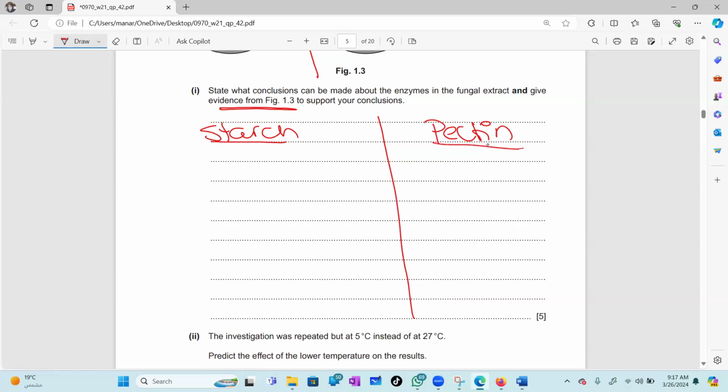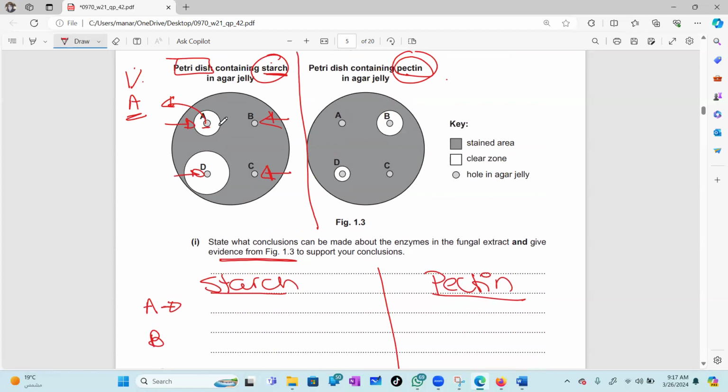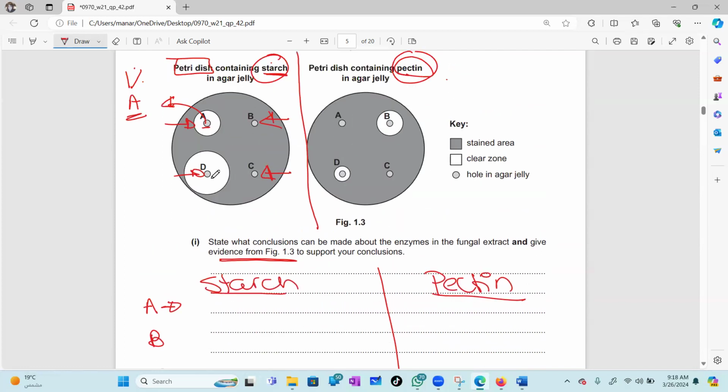Okay? And I'm going to talk about disc A, disc B, disc C, and disc D. Disc A, in the first Petri dish, the one that contains starch, contains 1% amylase. This 1% amylase did some digestion of starch. Can't you see that? Compare it with D. Did D contain more 1% amylase or less?